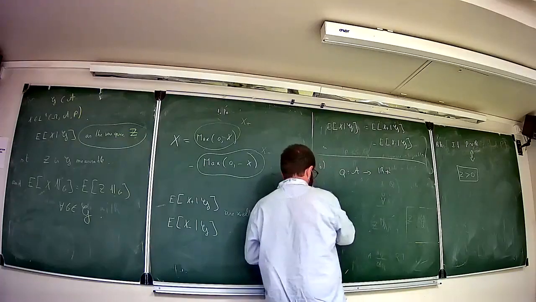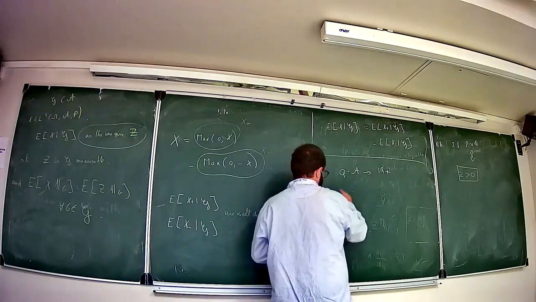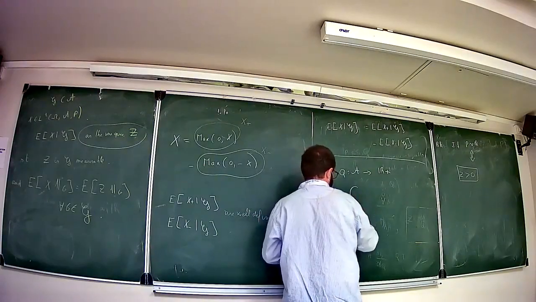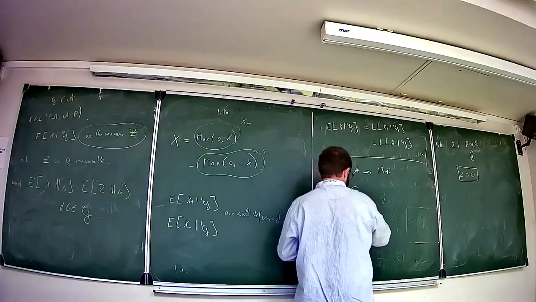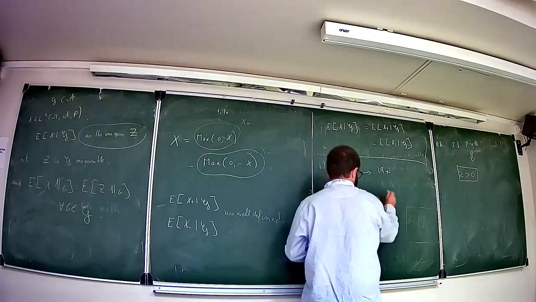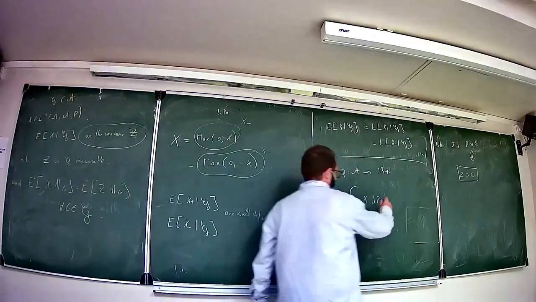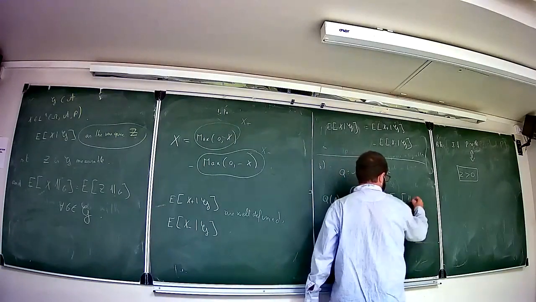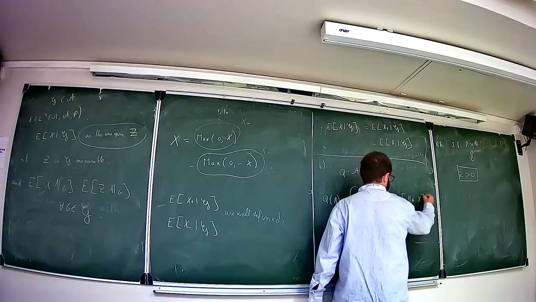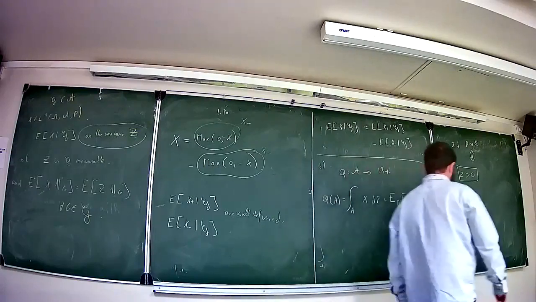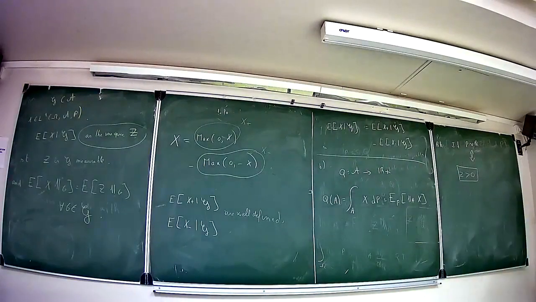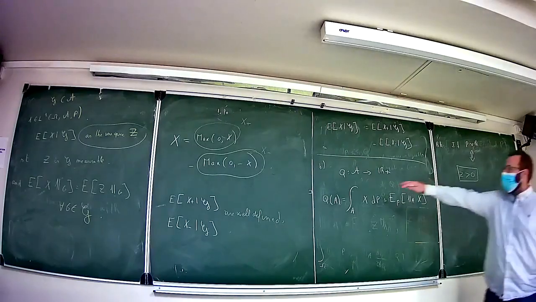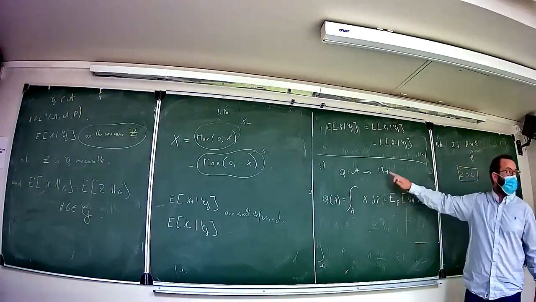That is defined this way. Q of A is the integral over A of x dP, or if you prefer, the expectation under P of x times the indicator function of A. Okay. And now x is supposed to be positive. That's why I say that Q takes values in R plus.